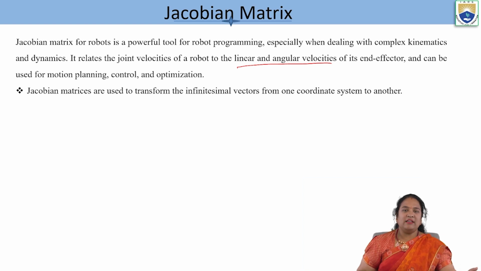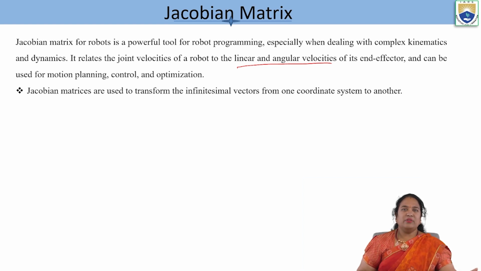Now, this Jacobian matrix generally is related with the help of the joint velocities, where the type of joint velocities which we use for the end effector are the linear and angular velocities, used to solve the motion planning, the control of the end effector, or to optimize the end effector's manipulator of a robot.